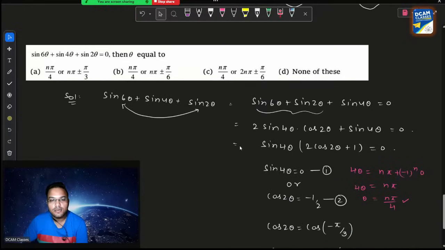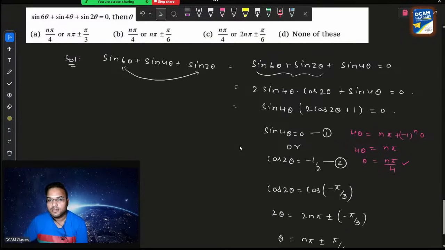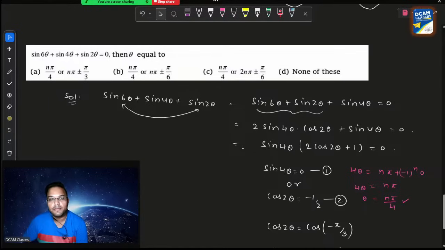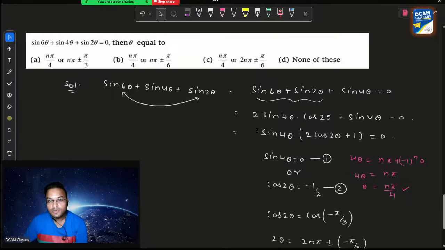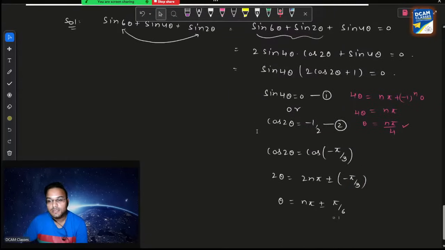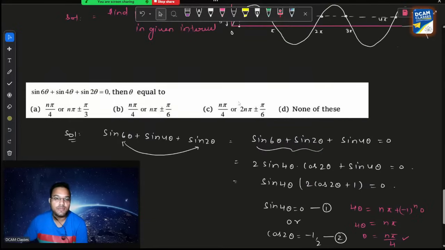So n pi by 4, n pi plus or minus pi by 6. But what is their answer? Actually, they should have given the interval. It's the positive interval only.